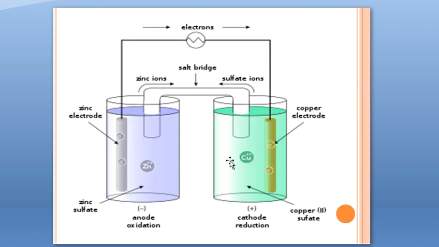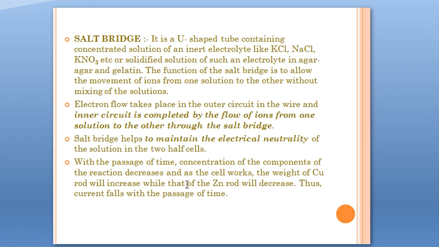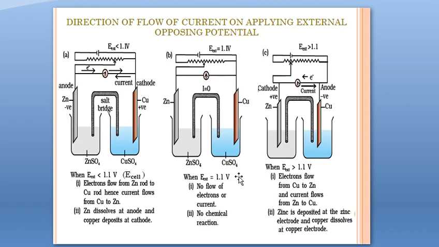Whatever substance you are taking, with time it will get consumed, which would mean that with time, when every component of the cell is consumed, the cell will turn dead, right? So this is what will happen. With the passage of time, your copper rod is getting loaded more, zinc is being consumed, all your components are being consumed, and the cell will turn dead.